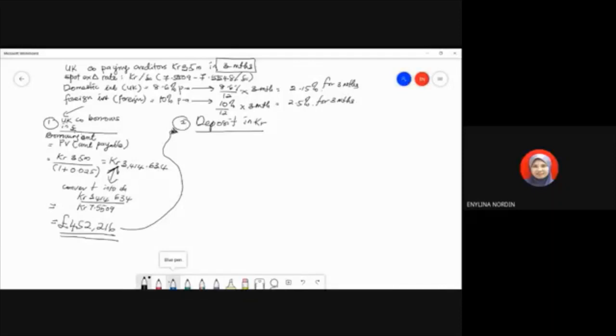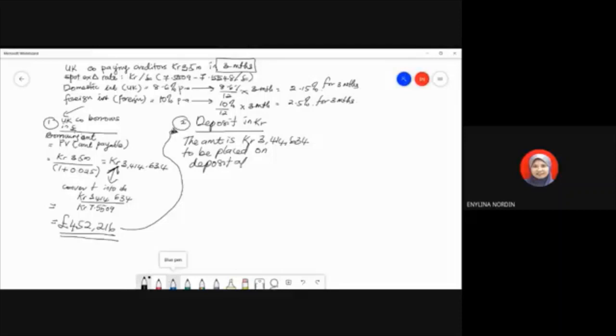Definitely the amount is kroner, you want to put the money today, so 3,414,634 kroner. Okay, so this is the amount to be placed on deposit.